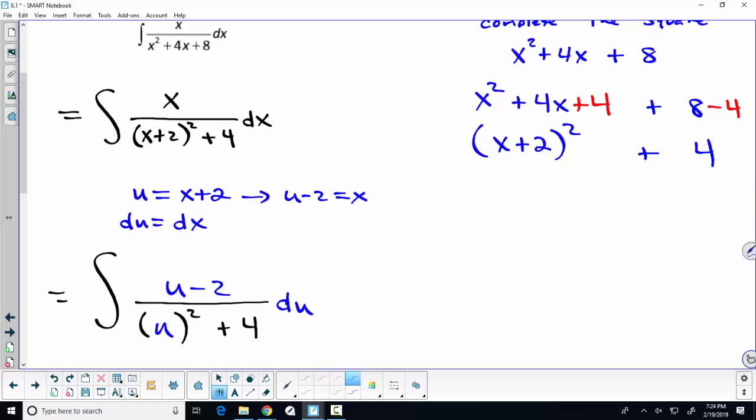Well, it's not quite logarithmic, because the derivative here on the bottom is 2u. The thing up top is u minus 2. We could put a 2 right here against the u, but that means we're also multiplying this here, so we'd have a 2u minus 4 with a 1/2 out here. If it were just u, then that's fine. But it's that u minus 2 that's the problem.